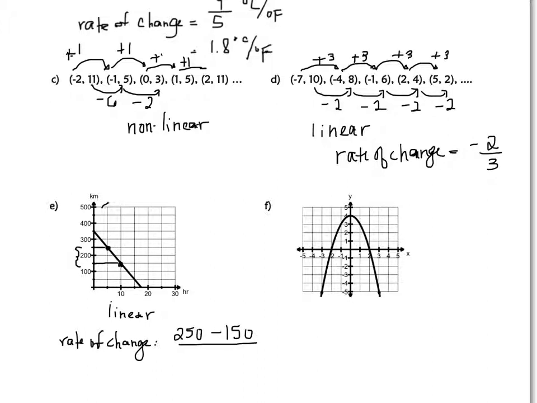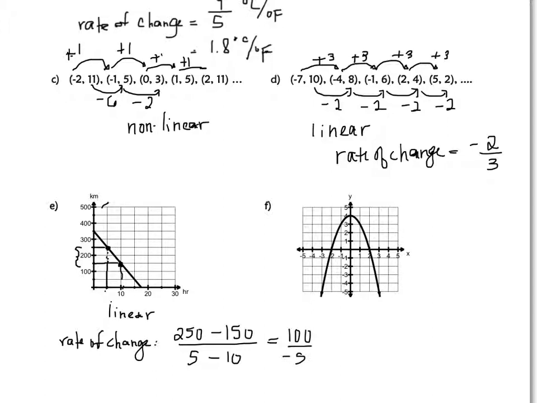And then the change in the x's from the same 2 points: this first point had an x of 5, minus the x of 10. So that would give us 100 over -5.